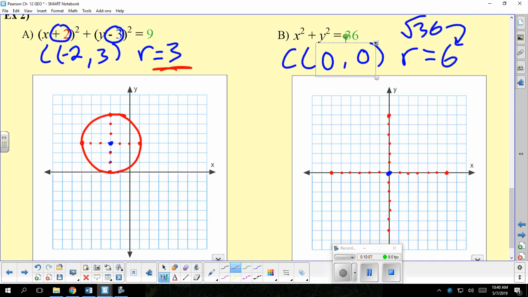And then try to draw it in there. So start here. Oh, not bad, not bad, not too bad.